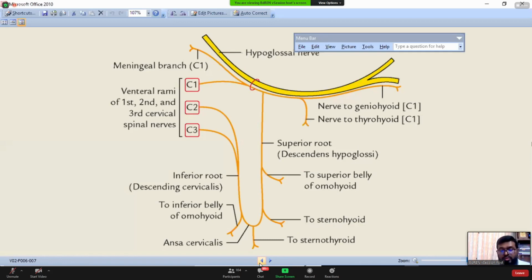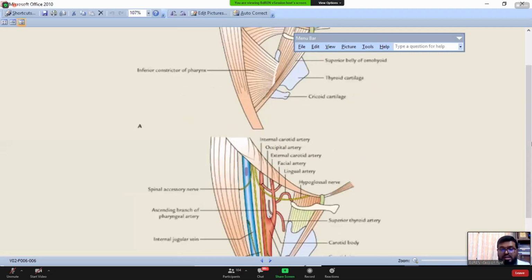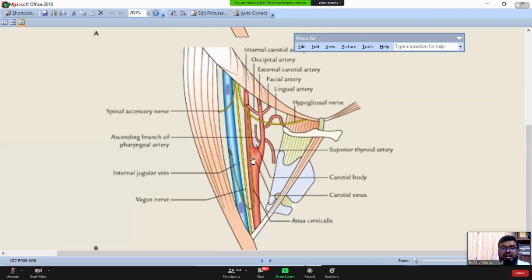And let us go back to those two structures, the carotid body and carotid sinus. This is the carotid sinus, right? This is this fusiform dilatation, and it is highly innervated by the glossopharyngeal, vagus and sympathetic nerves, and it acts as a baroreceptor.